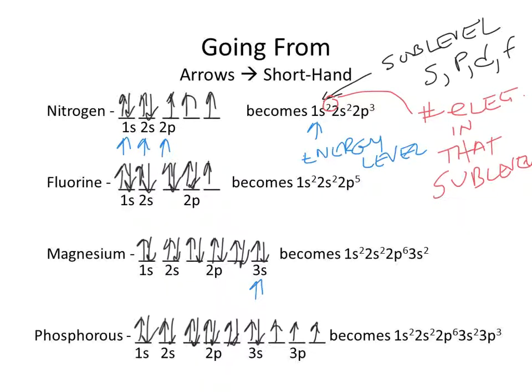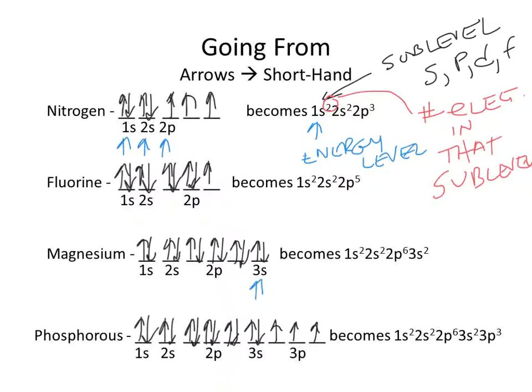Okay? So if you go back to your standard thing here, you've got two electrons in your first energy level in your s sublevel. So we have 2 here. You have two electrons in your second energy level, s sublevel. So that's 2 there. And you have 3 electrons in your second energy level, p sublevel, and that's there.